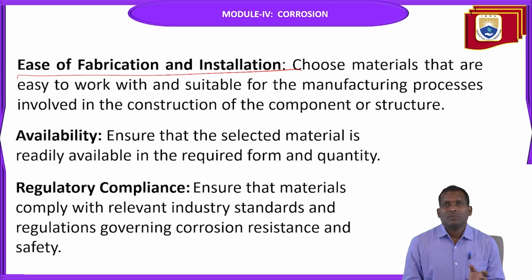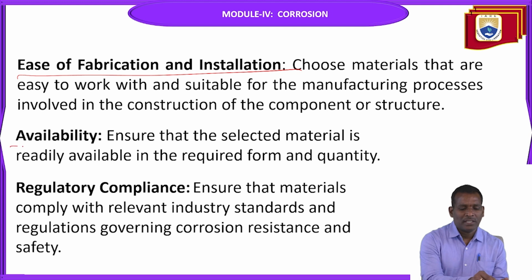During this process, the selected material should be easy to work with in all these processes. That's why you have to select the proper material according to the requirement, so the mechanical properties are very important, the ductility, hardness and strength of the materials.